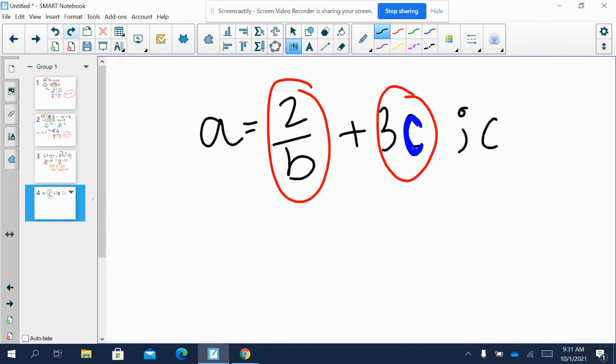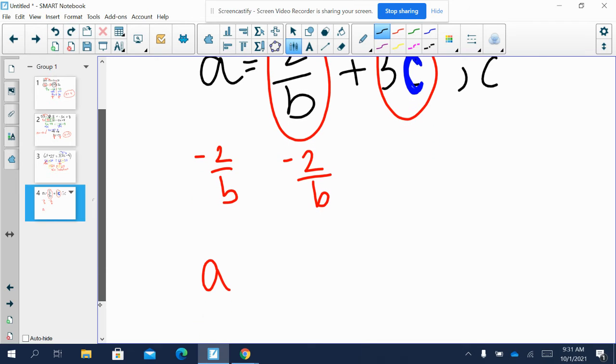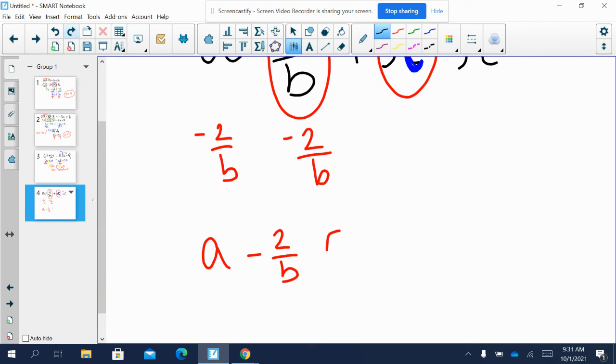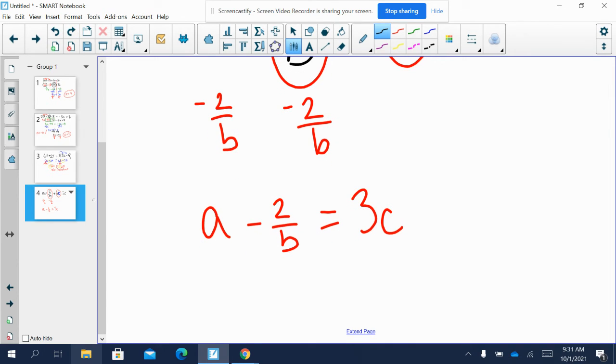So obviously we still want to move the 2 over B, and we can do that the same exact way, and we'll have A minus 2 over B is equal to 3C. Now, the other thing you could do is multiply 3C by its inverse, 1 over 3. Technically that's dividing by 3 because 3 is in the denominator.